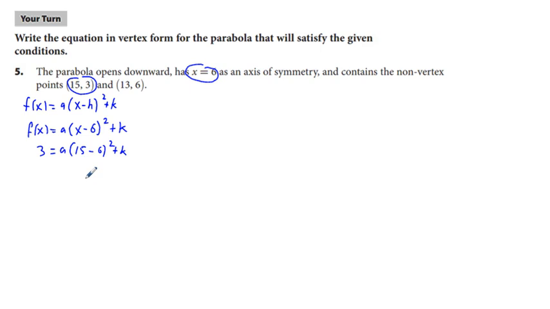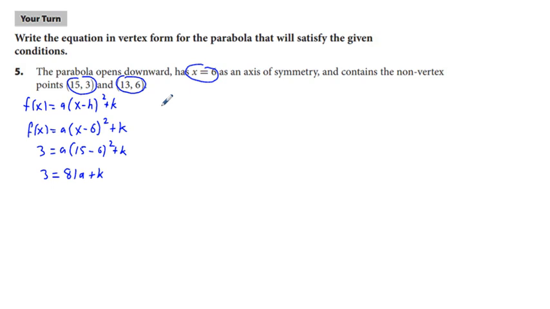So we get 3 is equal to, 15 minus 6 is 9, and 9 squared is 81. So we have 3 equals 81a plus k.